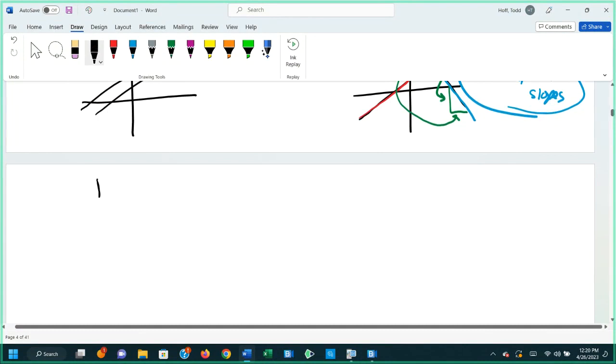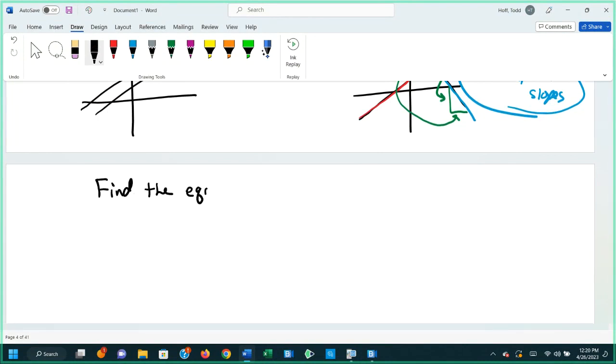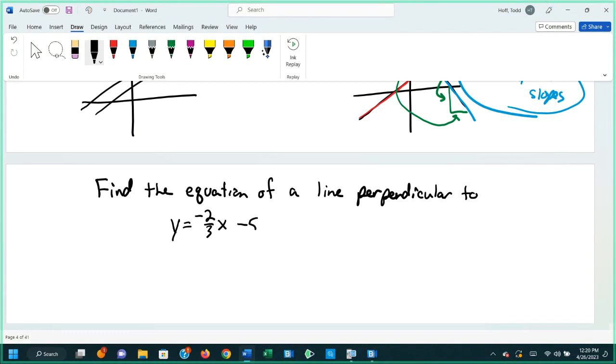So if I ask you, find the equation of a line perpendicular to y equals negative 2/3 x minus 5, and through the point 4, 5.